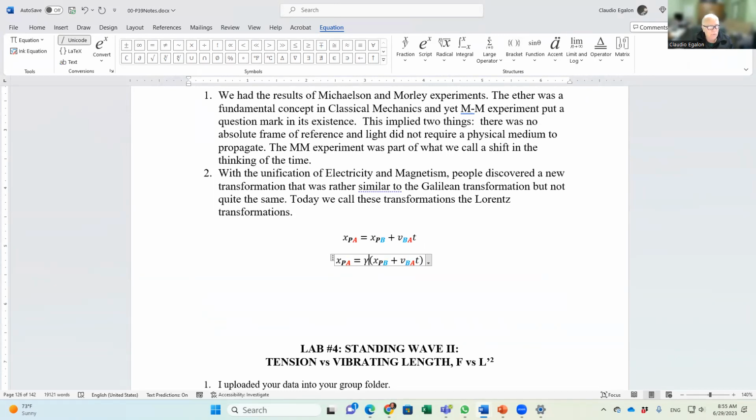They attribute that transformation to Lorentz. But when you look at the books, they mention someone else where this gamma factor, okay?